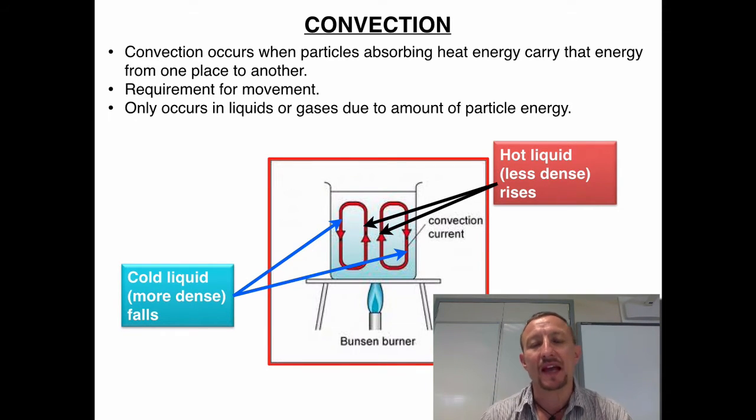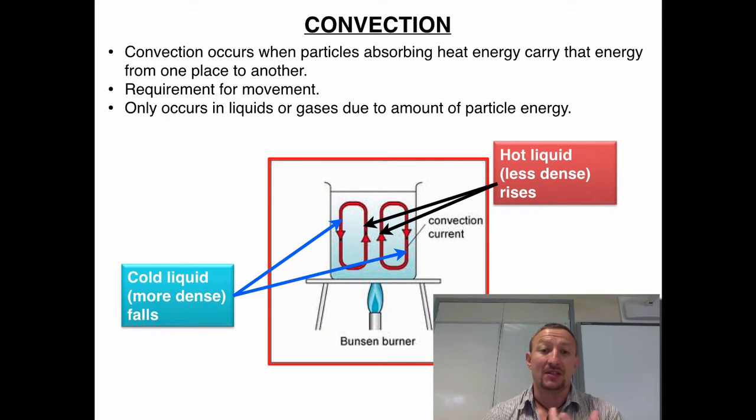So let's look at the scenario that we've got down here, and we've got a beaker and it's been heated by a Bunsen burner, and we've got water, or a liquid, inside the beaker. So at the point where the Bunsen burner is actually heating the water, the particles are getting further apart. They're getting less dense.